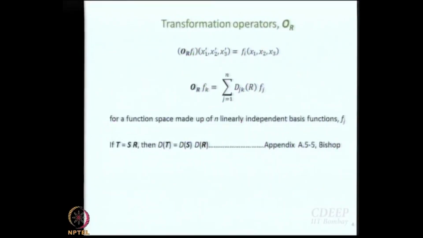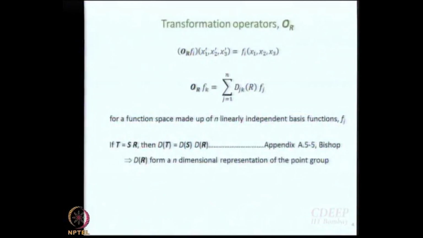What I am saying is that if T is SR, then their corresponding transformation matrices are also product of each other, dt equal to ds into dr. I think this is something that should come to you intuitively. If not, please look up appendix A.55 Bishop.